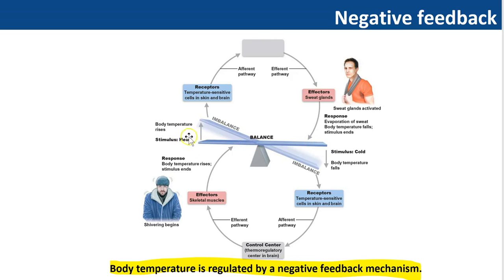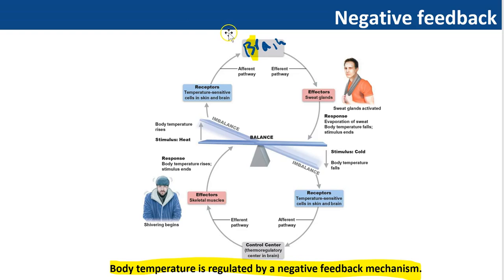When we have the stimulus as heat, or the body temperature rises, there are receptors in our skin, temperature-sensitive cells, which sense the changes in temperature. Then they send information through the afferent pathway to our brain, to the control center, actually to the thermoregulatory center in our brain.